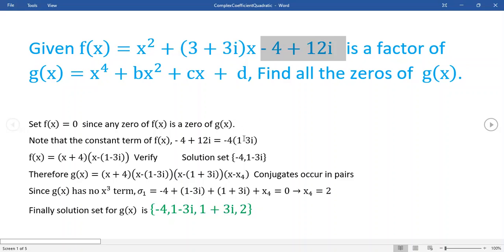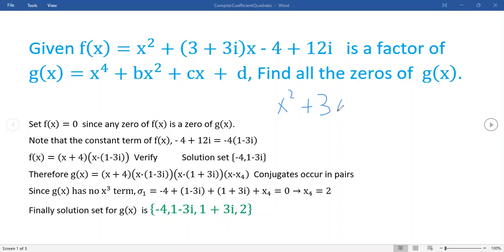But you remember how when this was just a regular constant, you took its divisors. Let me give you a concrete example. In the good old days, let's say you have x squared plus 3x, maybe minus 10.